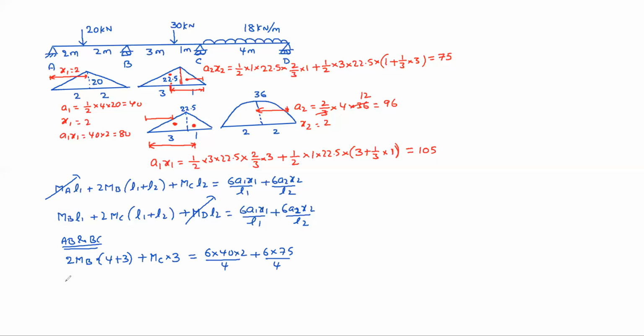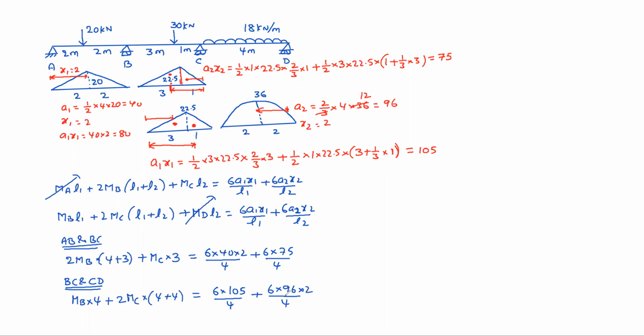And for BC and CD spans: 2MC into (L1 plus L2, 4 plus 4), plus MB L1, L1 is here 4, MD is 0, equals 6 into A1 x1, 105, by L1 4, plus 6 A2 96, x2 2, by L2, also 4.